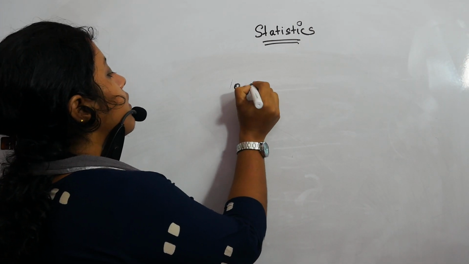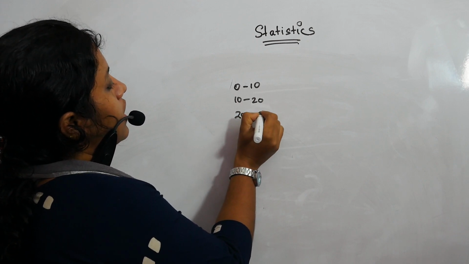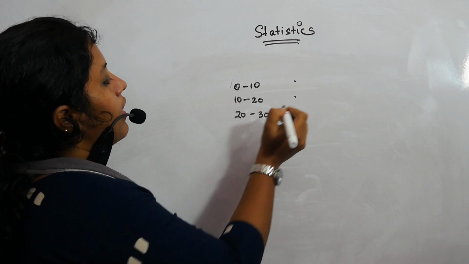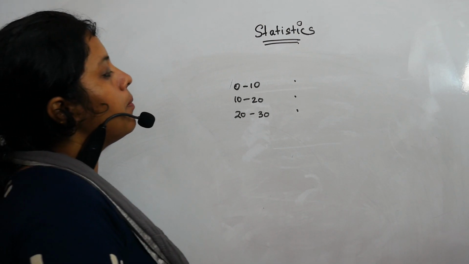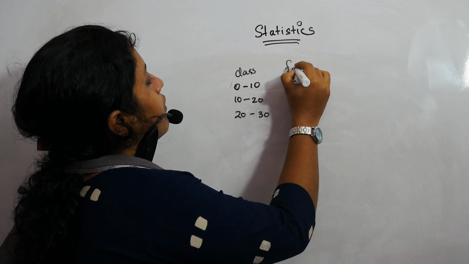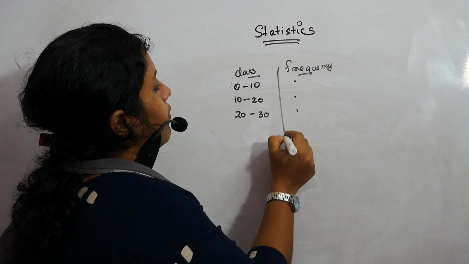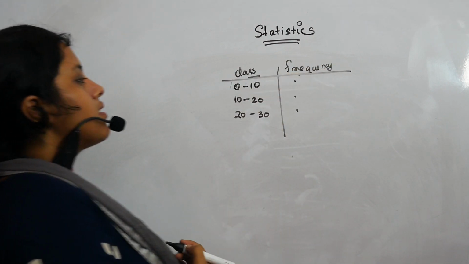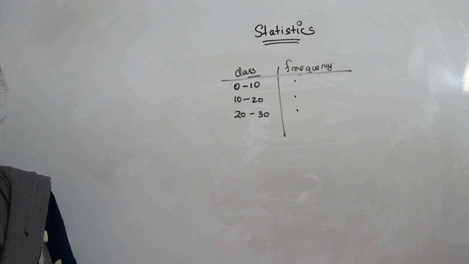Suppose you are given classes like 0 to 10, 10 to 20, 20 to 30, and you are given the frequencies. Then how will you find the mean of this grouped data? Okay, so how can we find that?